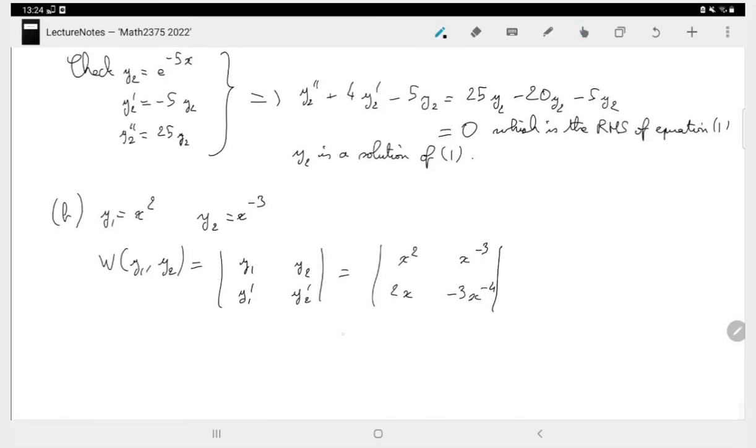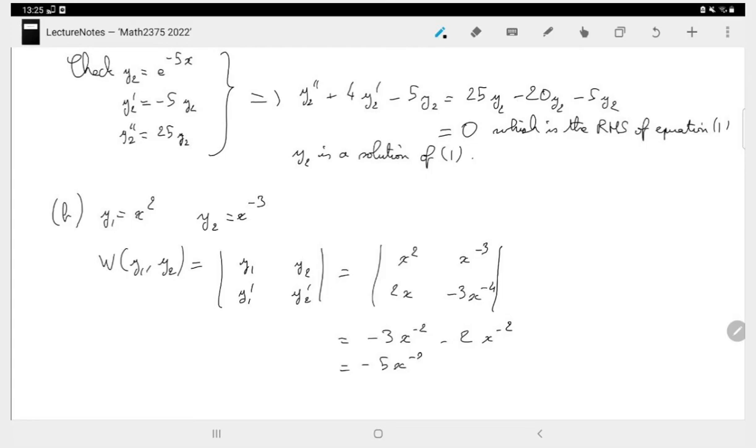Calculating the determinant of this matrix, we get minus 3x to the minus 2, minus 2x to the minus 2, which is minus 5x to the minus 2.